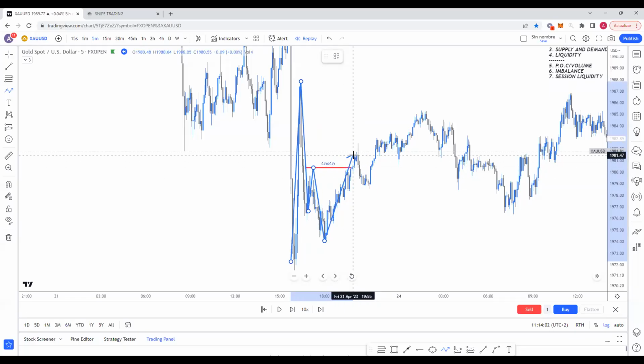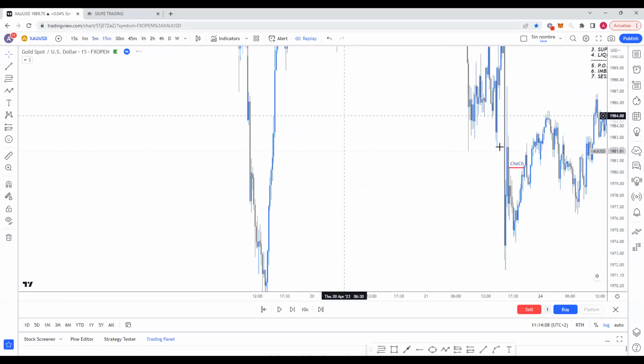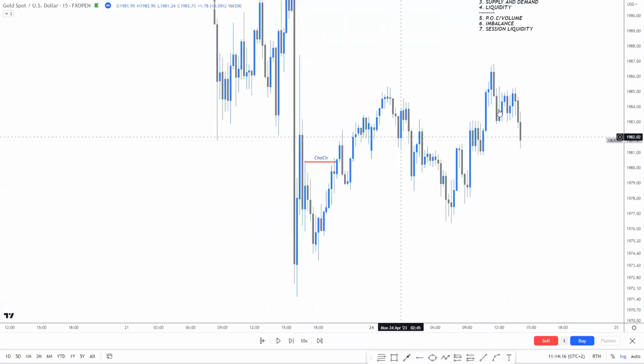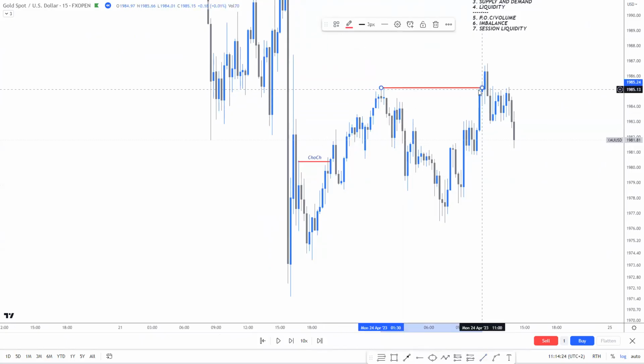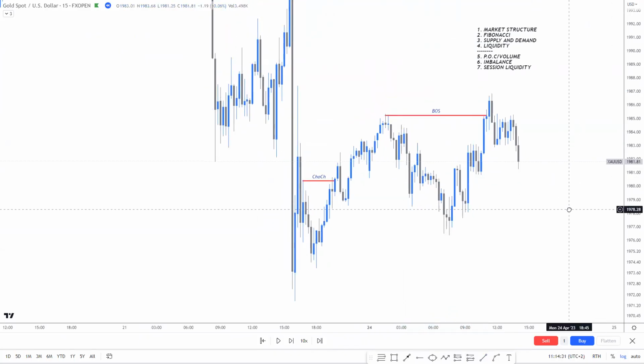Then price broke above this high, leaving us a change of character, and then price also gave a break of structure. It actually gave multiple breaks of structure all along the way, but if I'm not mistaken, I considered this one. So we have the market structure identified.